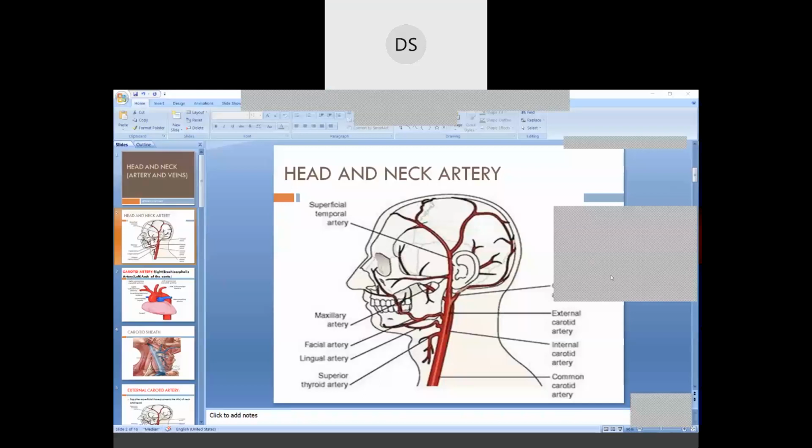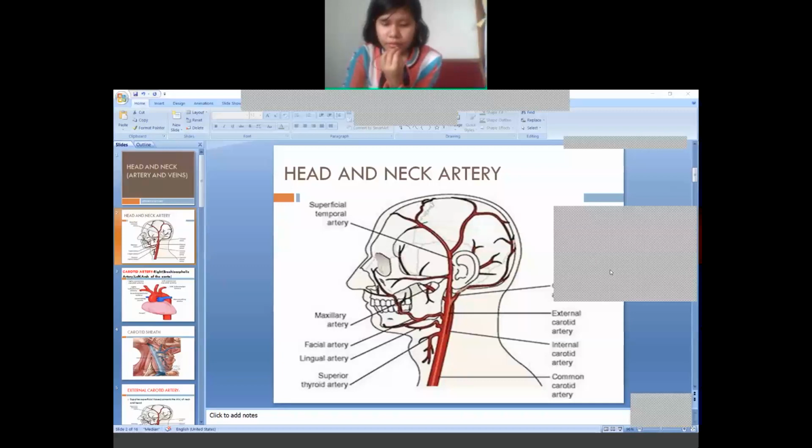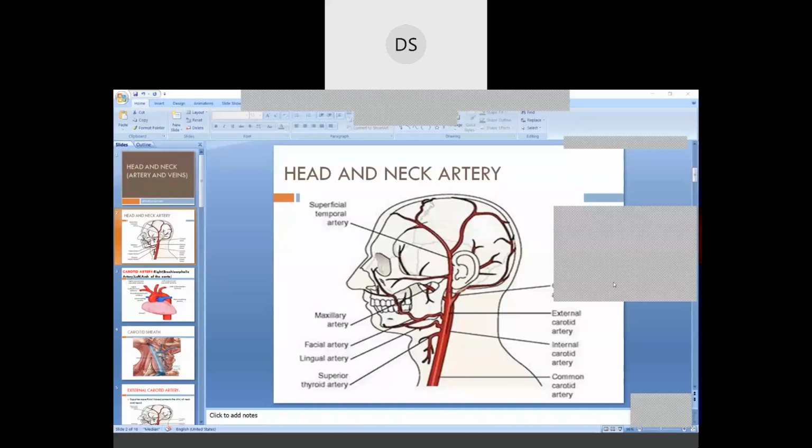Okay, good. Next, Dipyajit. Yes, ma'am. Okay. So the left and the right common carotid artery, they supply blood to where? In which area? In the head? In the neck? In the ears? Where?